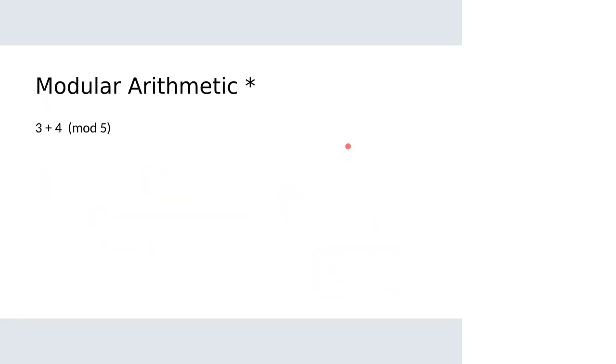All right, let's look at one of these. So I want you to try it. 3 plus 4 in the mod 5 system. So using mod 5, find 3 plus 4. I'll make a poll for this.